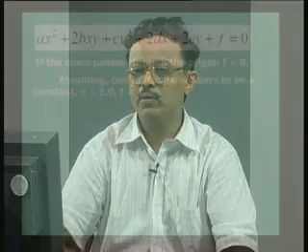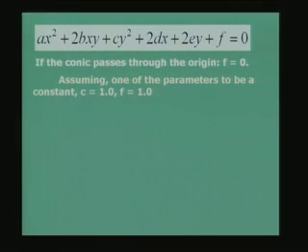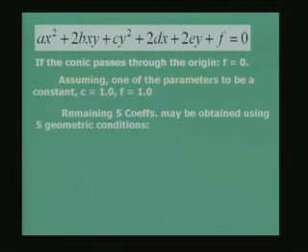So, moving the origin to the point on the curve or bringing back the curve to the origin does not make a big difference. So, you can always do that and normalize the parameters and shift the curve back. We know the translational functional form. So, assuming one of the parameters to be a constant, we will actually be having 5 coefficients left, and those have to be derived or obtained using 5 geometric conditions.